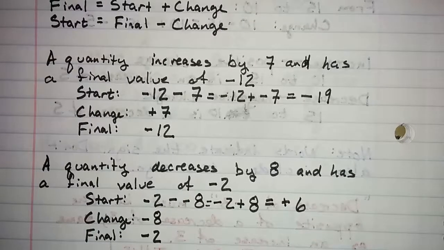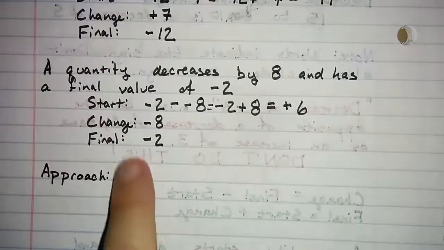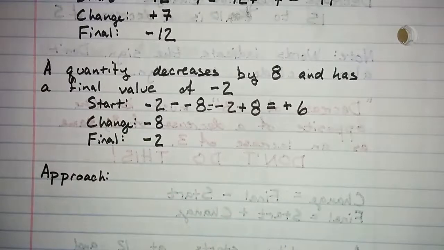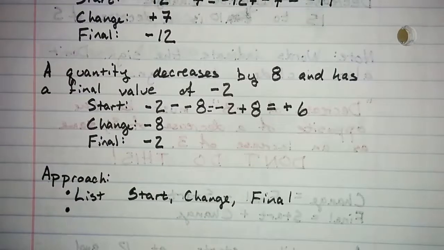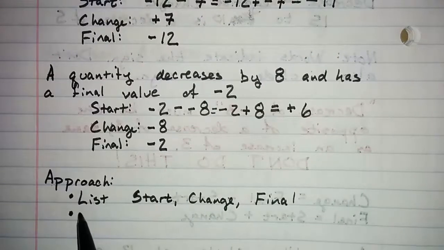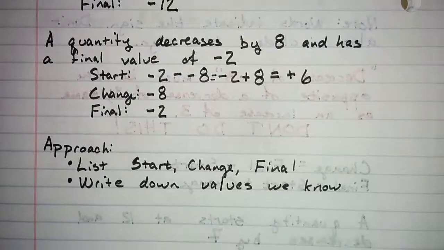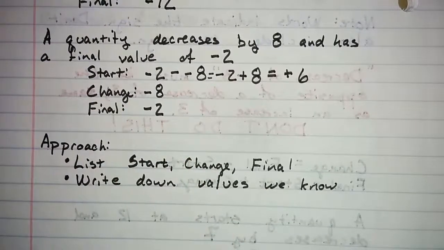How do we approach then one of these problems where we know 2 of starting value, change, and final value, and we want to find the third one? Well, first we just list starting value, change, and final. And then we see which 2 we know and write down their values. And then we use one of the 3 variations on the definition of change.